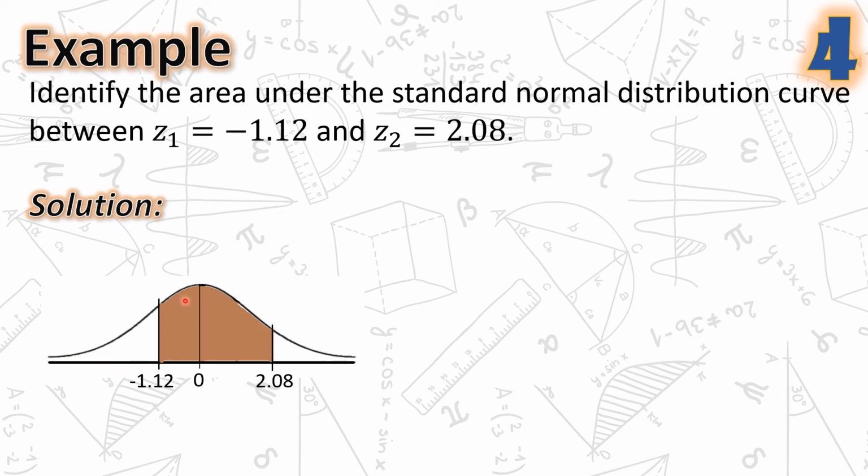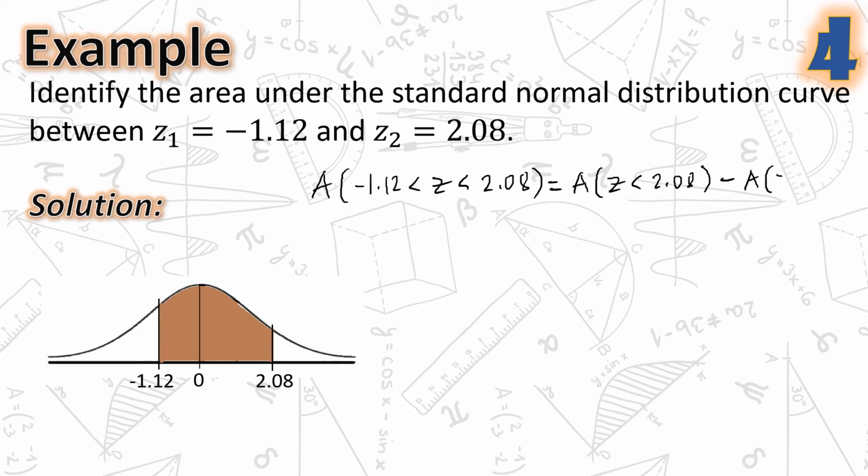Hence, to get the area between negative 1.12 and 2.08, we subtract the area corresponding to the left of 2.08 minus the area corresponding to the left of z equals negative 1.12.